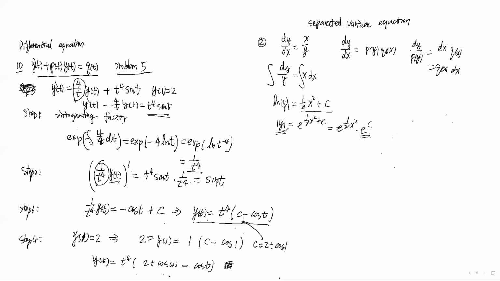But this is an absolute value, so you cannot write y equal to this form. Even though we have a C, both C are different. This is wrong. You have to write it in this form. But this time, don't ask me why.